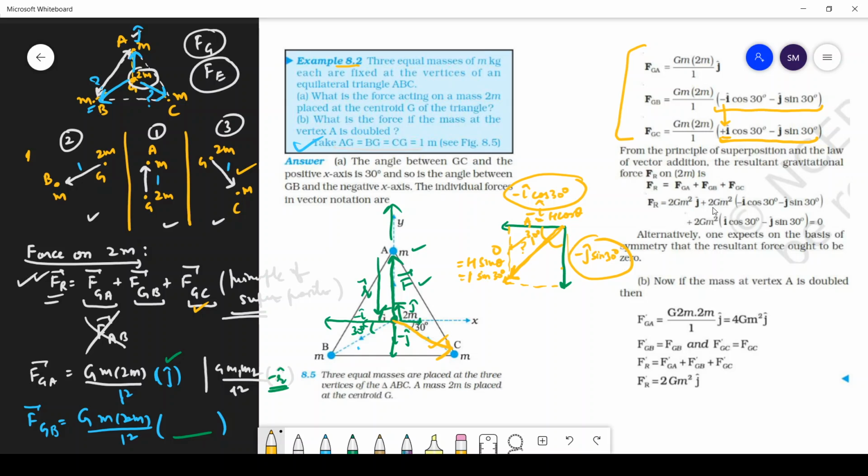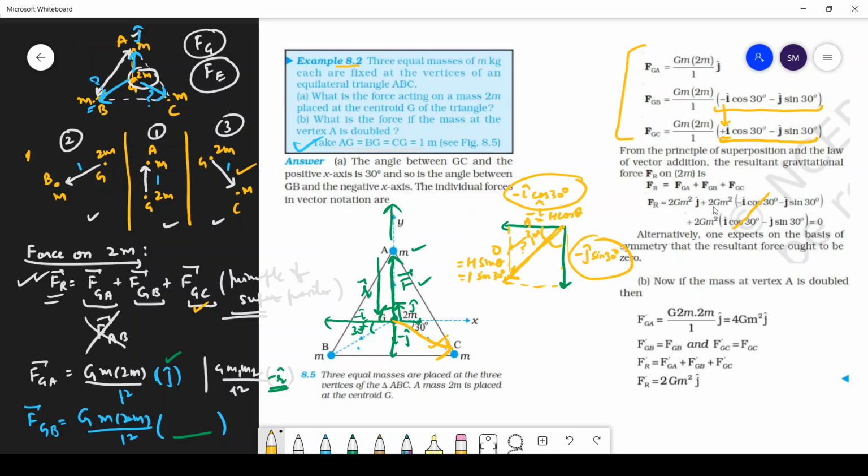When we add them, this whole part becomes 0. How does it become 0? See, this is minus i cap cos 30, and this is plus, so they cancel out. What you are left with are these two, which are the same.